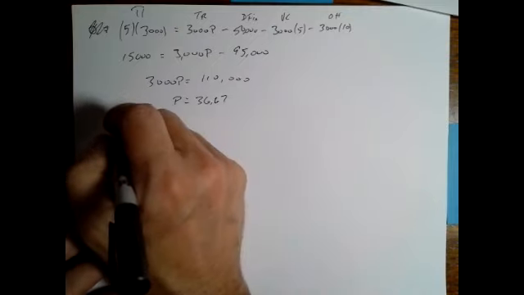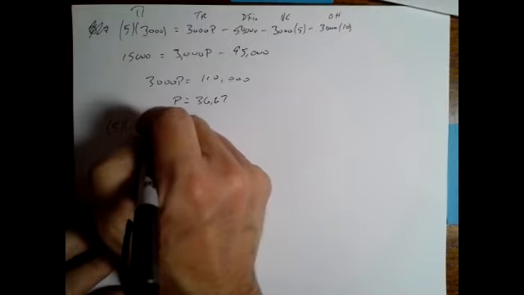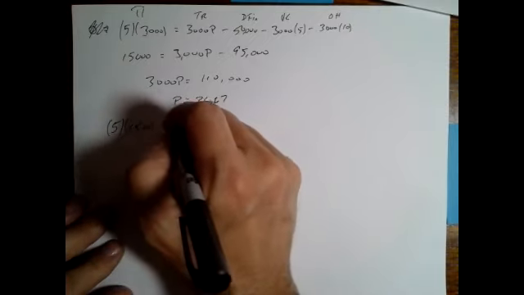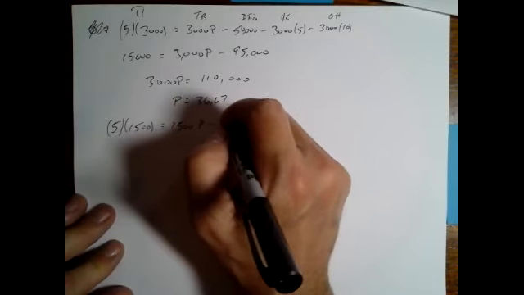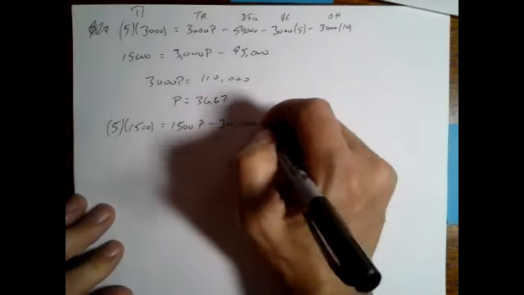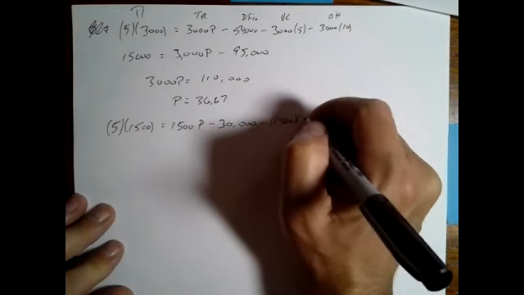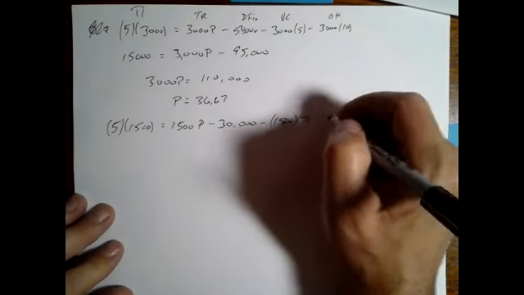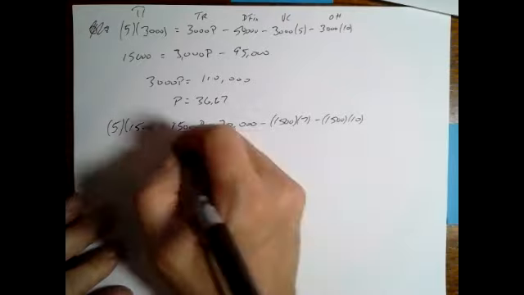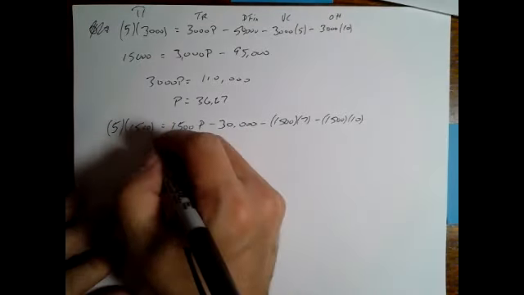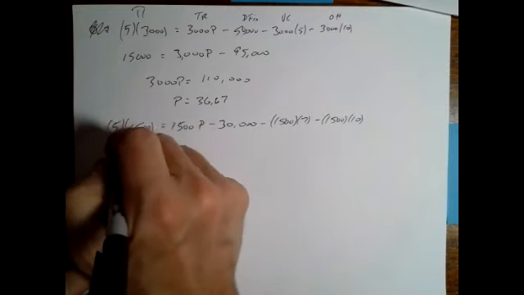All right. Then I'm going to do the same thing for advanced. I want $5 in profit times 1,500 visits. My total revenue is going to be 1,500 visits times some unknown price. My fixed costs are 30,000. My variable costs are 1,500 times 7, and my overhead is 1,500 times 10. So 5 times 1,500 is 7,500.